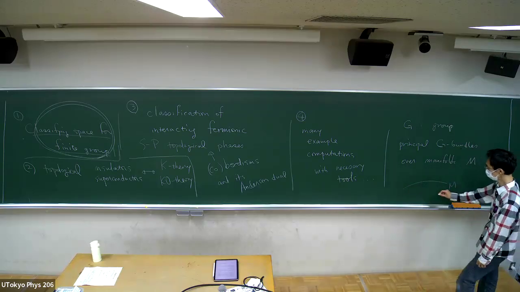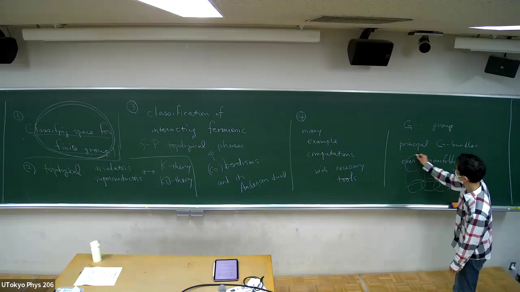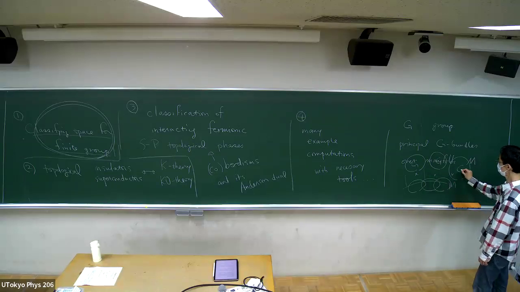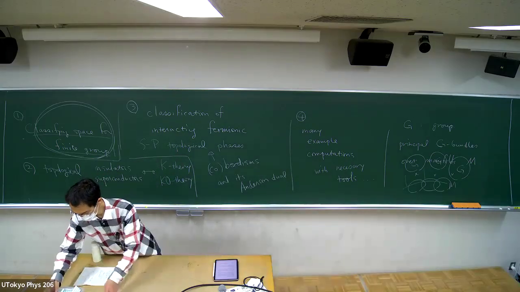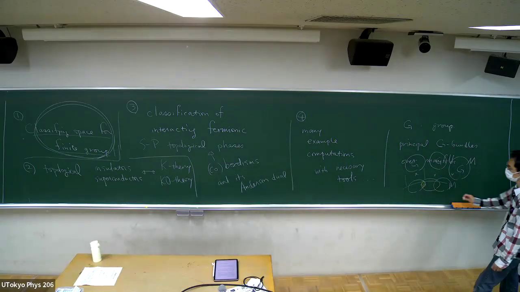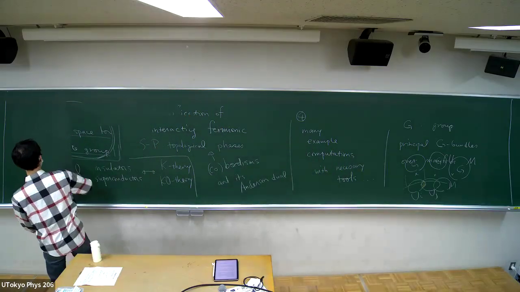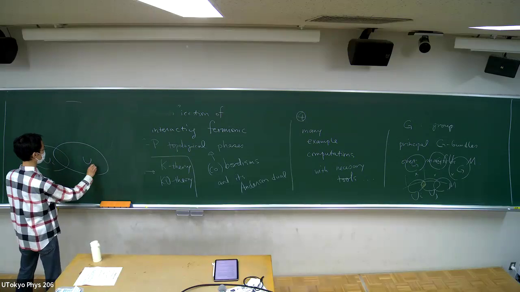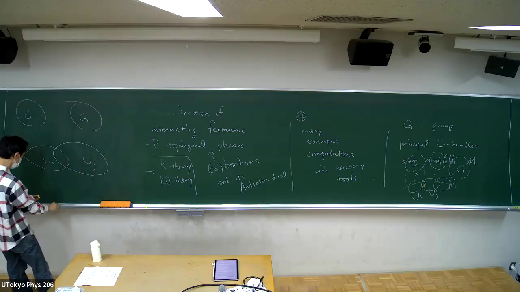This is abstractly defined by covering M by patches, and on each patch you have G, which is just a product, but over the intersection of the patches, let me write it bigger, you have copies of G here, copies of G there.